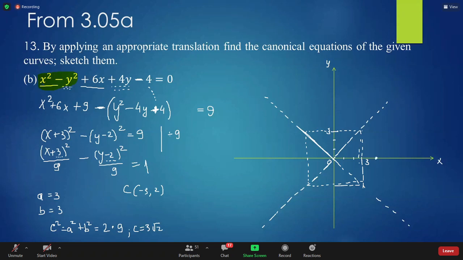Now I can sketch my hyperbola using this information, and I will do it accurately because this will be my main sketch. I wanted a different color. In fact, I wanted the ink color something different. Okay, let's make it yellow as always. So this is the vertex of the hyperbola. And the hyperbola goes.